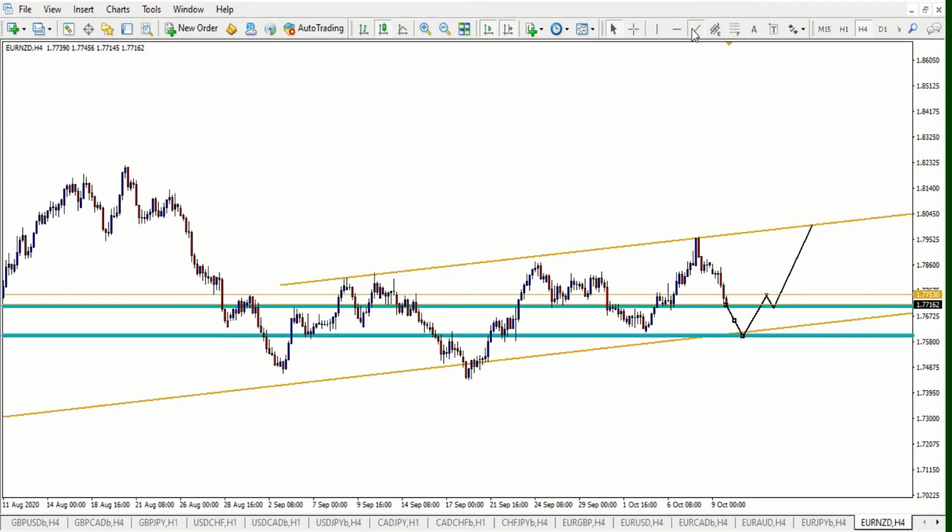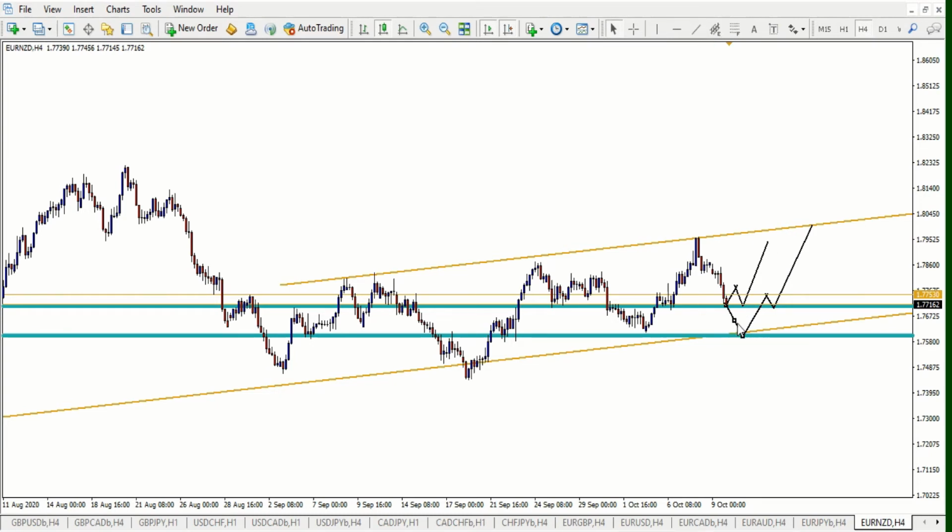The second scenario we could look for the market to probably move up just a little bit more, come back there, and start making its way up and finishing the channel.